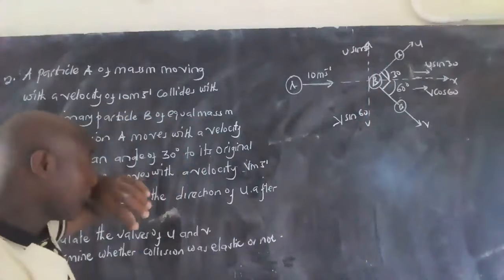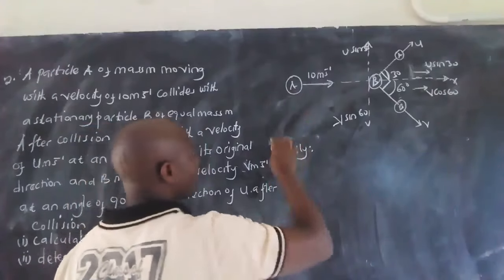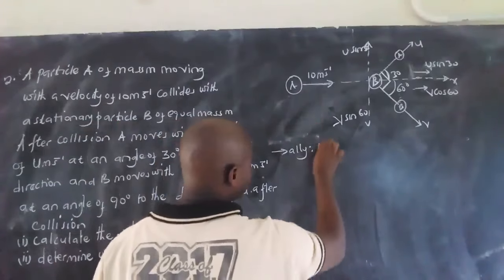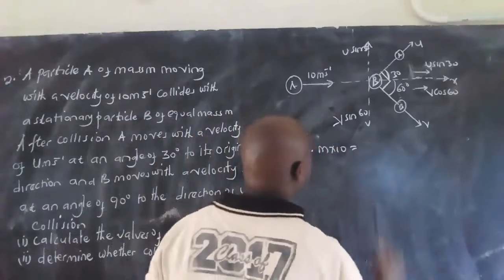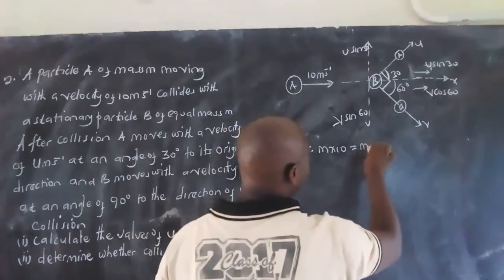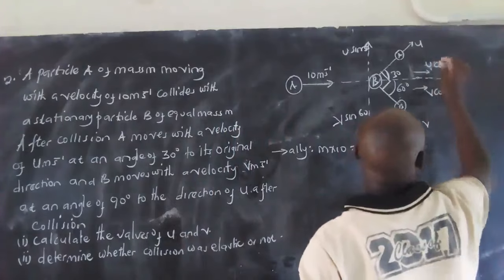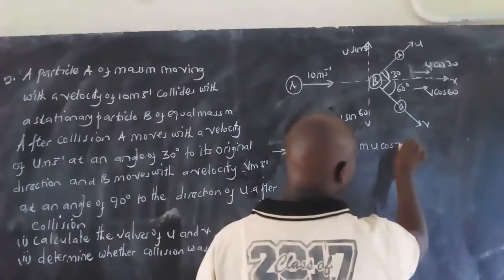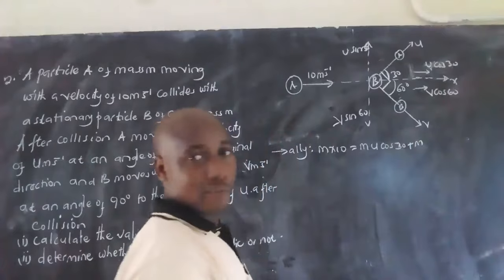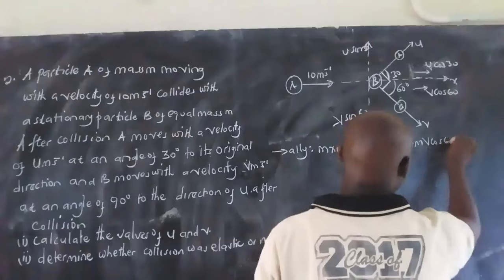So horizontally, momentum for this one will be mass m times 10, equal to, for that one, mass m u cos of 30. This is cos, not sine. Cos, horizontal. Plus m, because they have the same mass, identical mass, okay? So m times v cos of 60.